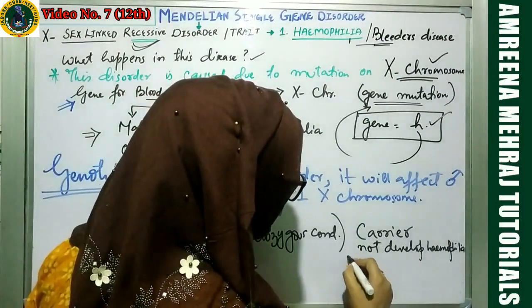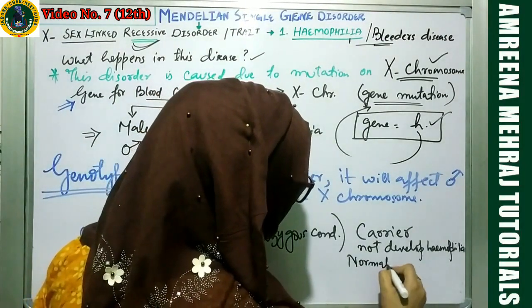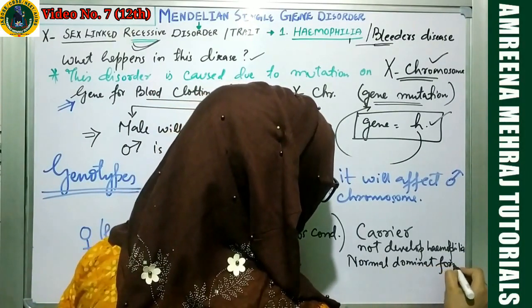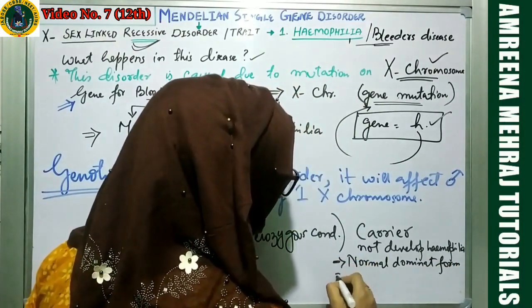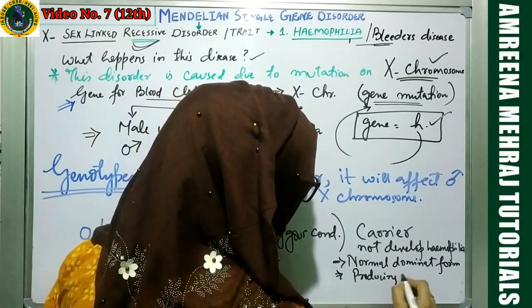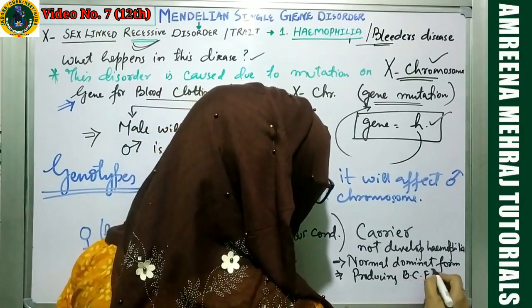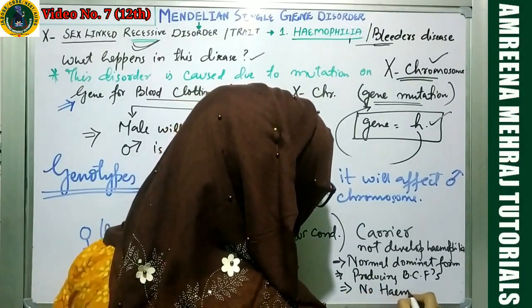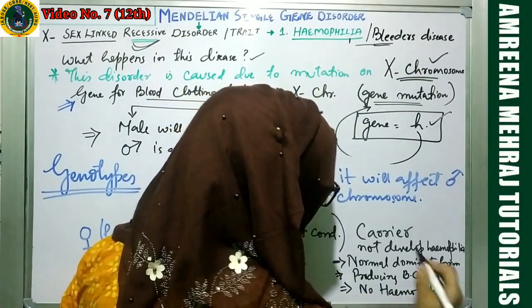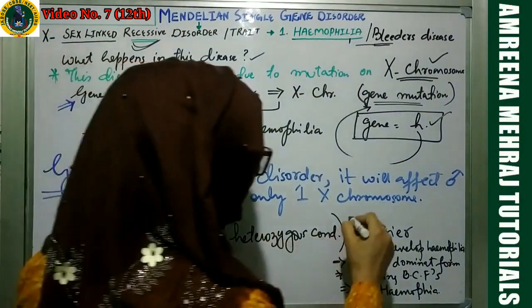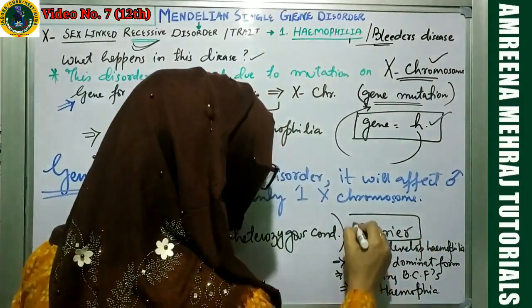She has the normal dominant form of the gene. The normal dominant form will keep on producing blood clotting factors. There will be no hemophilia. In which condition? Heterozygous.